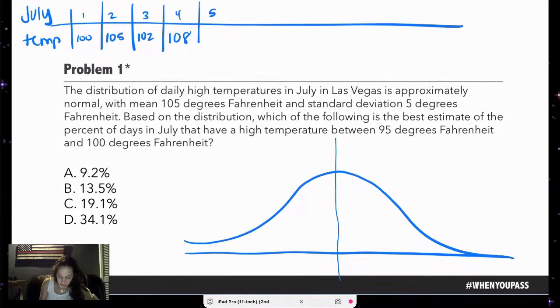So the mean is the what? The mean is the average, and I like to remember that because the mean is very mean. It makes you do a lot of work. For the average, you have to add all the data points up and divide by the number of data points. The mode is the data point that appears the most.